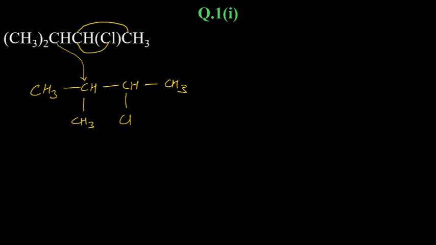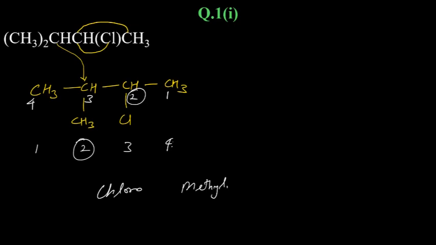Now you might ask why I am numbering it from the right side. The reason is the numbering is the same from both sides. I can number 1, 2, 3, 4 like this also. In this case the branching is at 2, and in this case also branching at 2. But chloro comes before methyl.